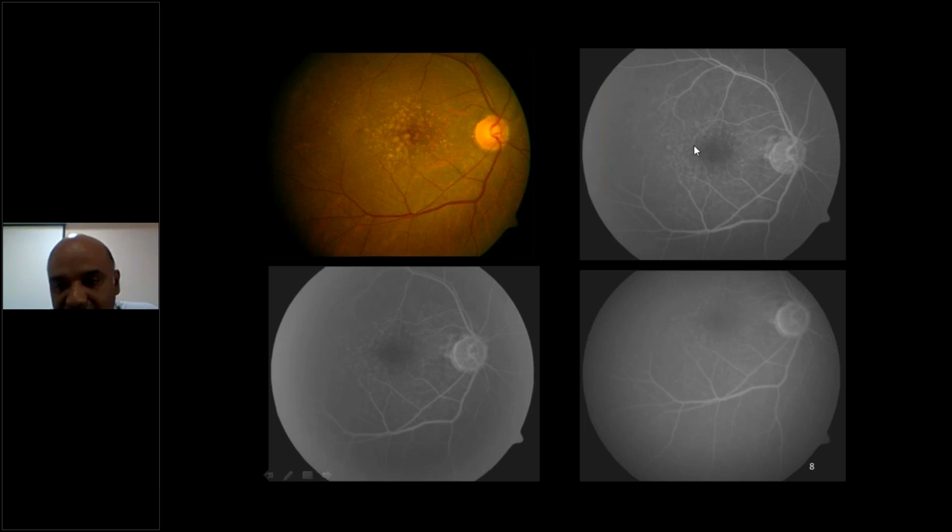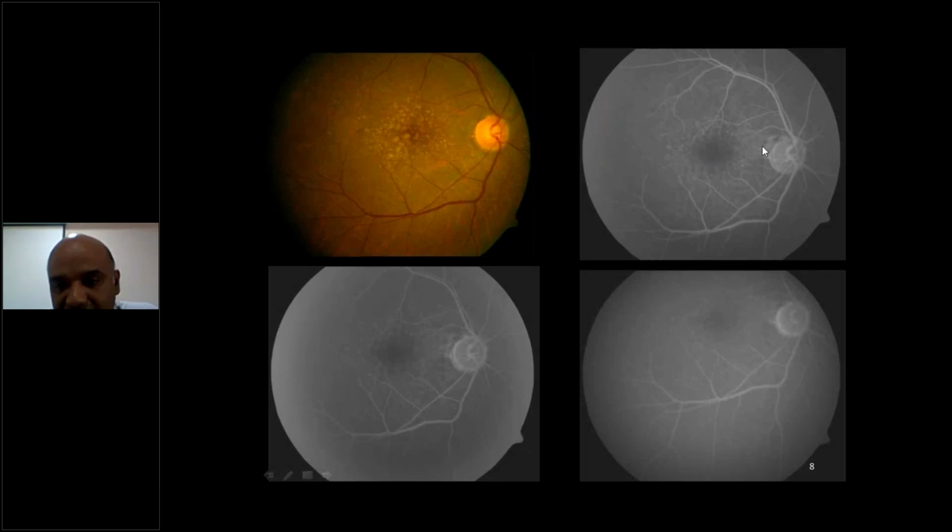Once we have injected the fluorescein dye, you can see the blood vessels very clearly, and the capillary plexus also very clearly, and there is pooling or staining of these drusen which are commonly seen. When you examine a case of fundus fluorescein angiography, you are able to see two things: one is dark and one is bright.